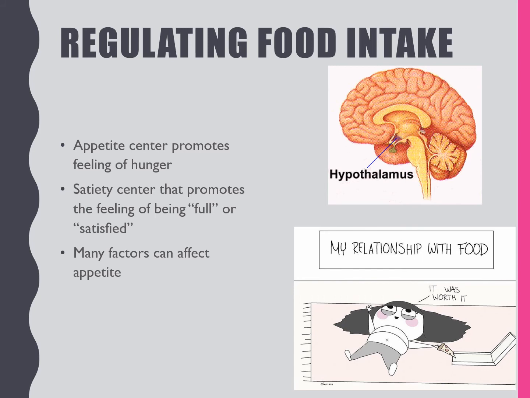All right, so there's a lot of factors that influence the feelings of hunger or being satiated, if you will, and that could be our good old emotions, right, or environmental cues. I don't know about you guys, but when I was growing up, we celebrated with food.